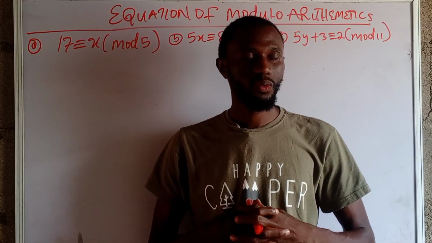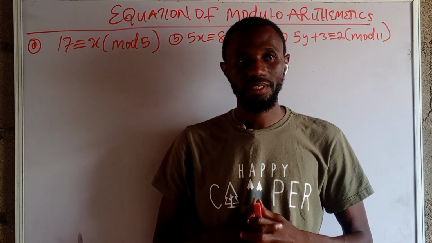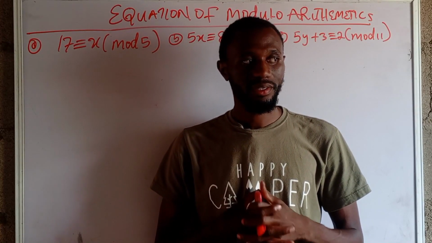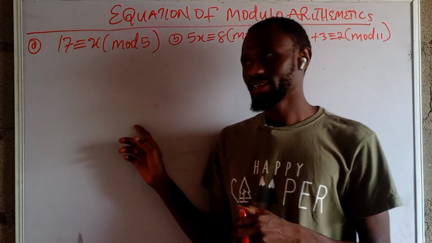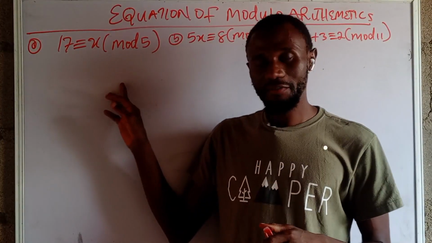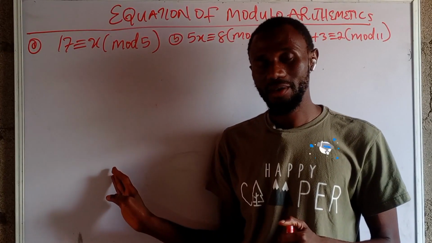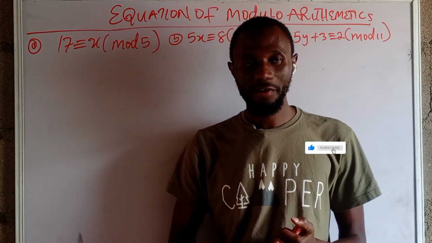Remember that when solving problems in modular arithmetic, we are always dealing with a cyclic event, like a watch or a clock that is in 12 hours or 24 hours, that is a multiple of 12.